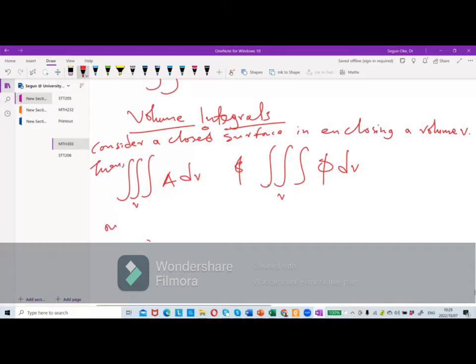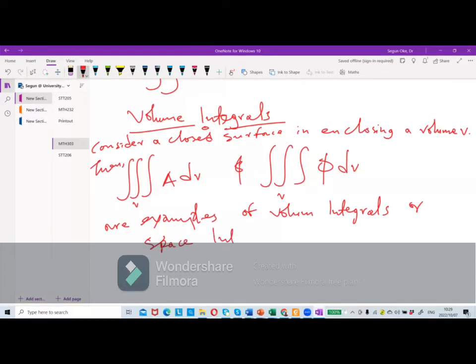So the examples are of volume. These are the examples that I gave now. And they can also call it a space integral. That is, these are examples of volume integral or space integral.